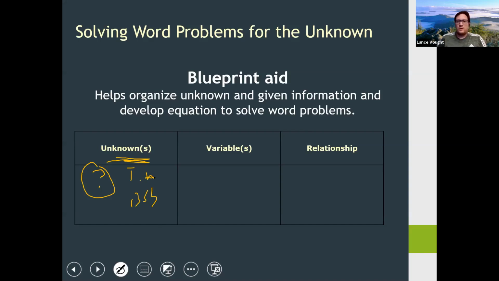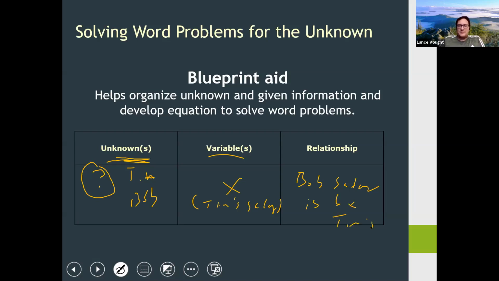And then we would create a variable. We created X. X represented Tim's salary. And then Bob's salary is 6 times Tim's.